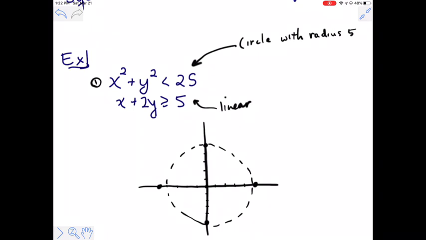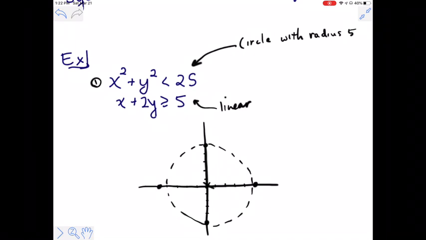Now we're going to shade, and I'm not going to shade the whole thing. I'm going to just use little pointing arrows like with the last example. I'm going to figure out where to shade. It's either going to be inside the circle like this, or around the outer boundary of the circle. And the way that we can determine that, just like with all the others, I'm going to use a test point of 0, 0.